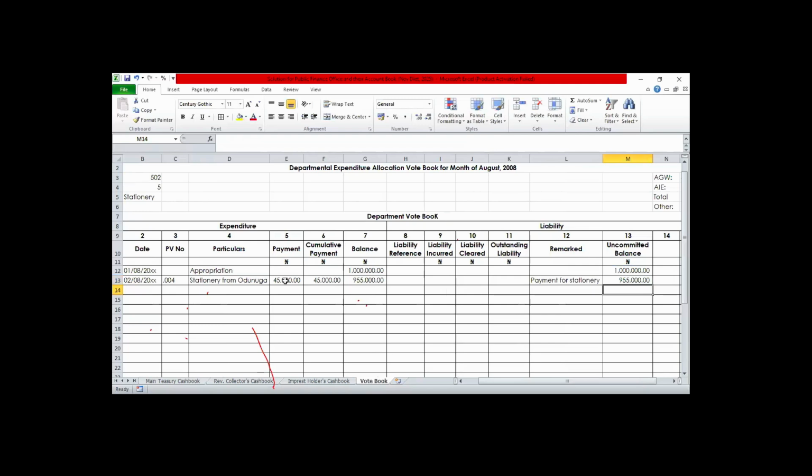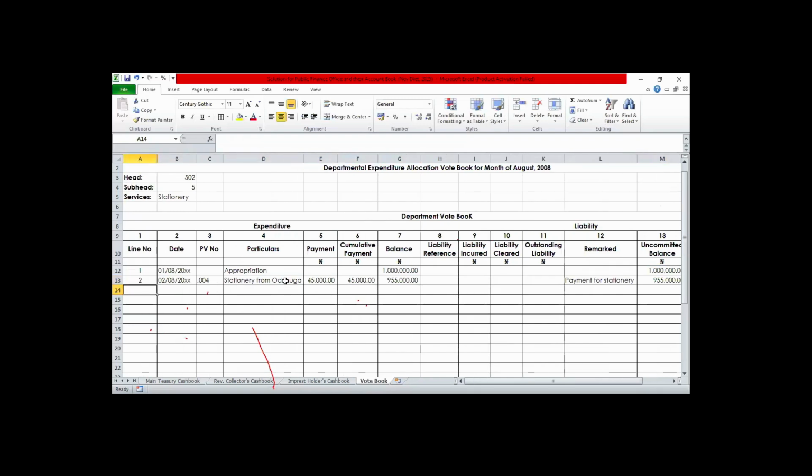What's the next one? 6820XX, 50,000 paid on PV number 0005. What date? 6820XX. Okay. On what PV number? PV number 0005.